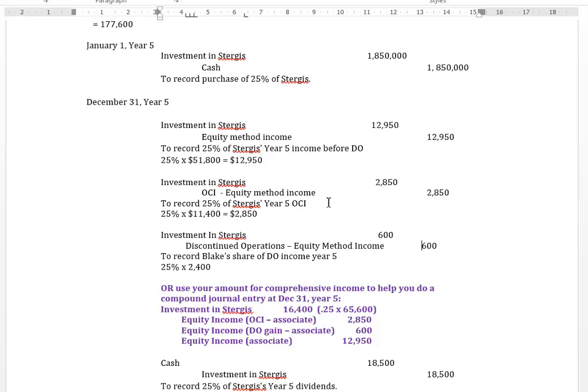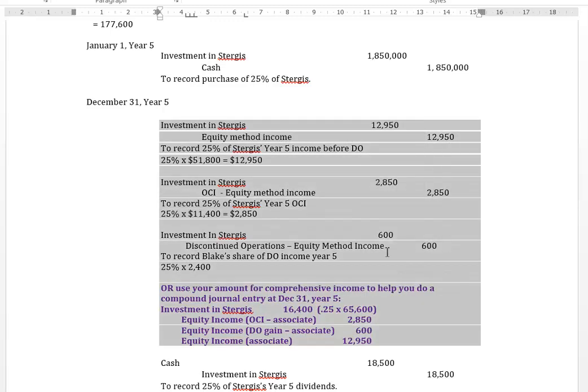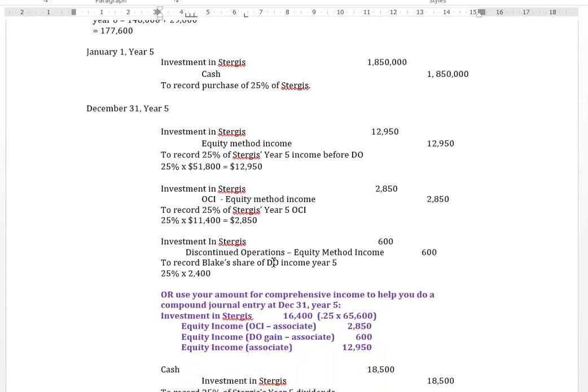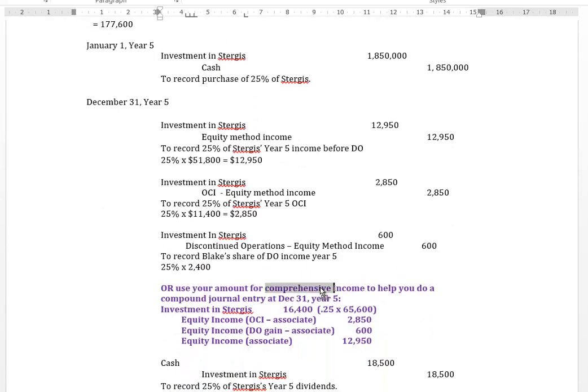Now, moving on from that concept, if you chose not to make these 3 entries, you might want to make what I've got down here in the purple ink, a compound journal entry which brings all 3 of these together. That's the reason why I made you calculate the comprehensive income, because some students might prefer to do these 3 entries as one.